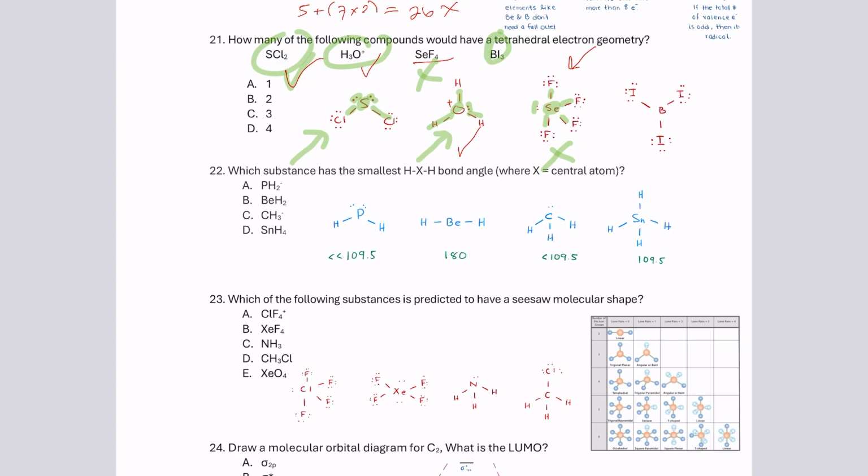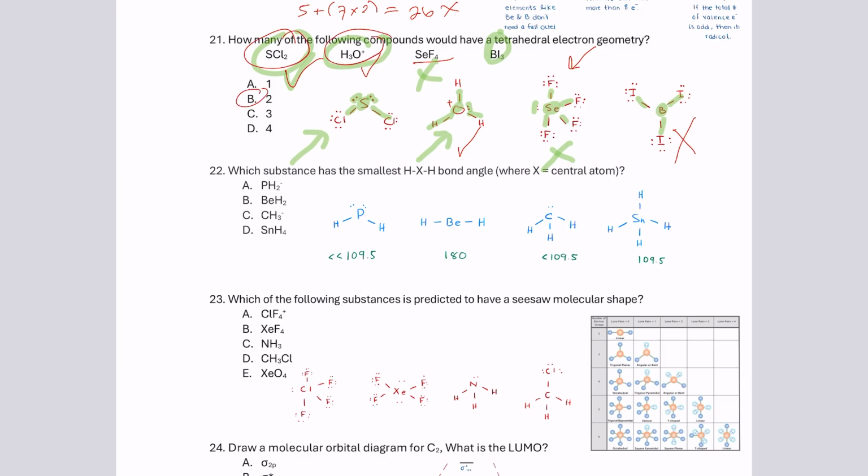And we notice that the central atom here has 3 electron-rich regions. So that means it has a trigonal planar electronic geometry. That is not what we're looking for. So, how many of the following compounds have a tetrahedral electronic geometry? The answer is going to be 2.